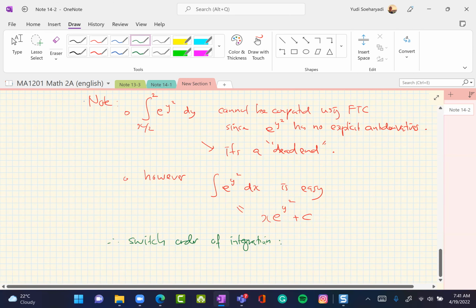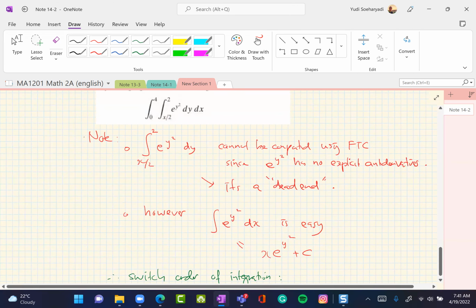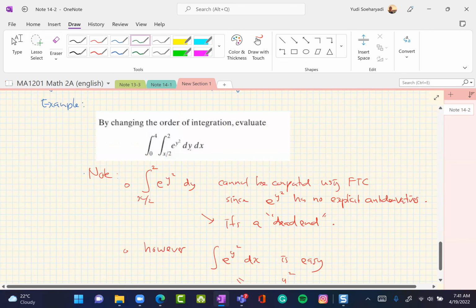So in switching the order of integration, this direction means vertical first, then horizontal.